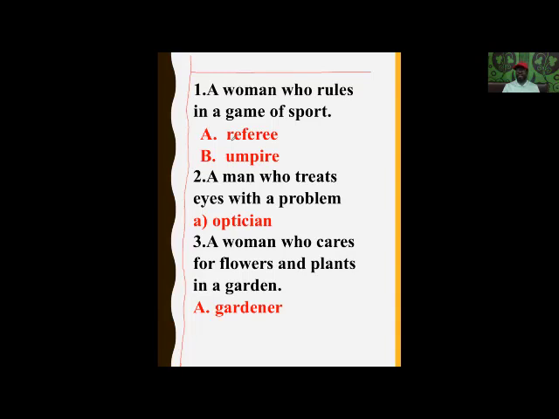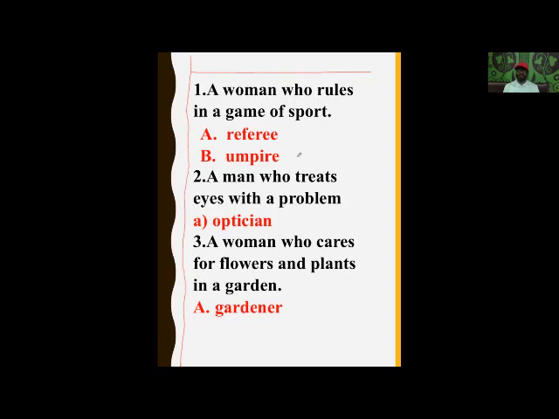This is letter U, but when we are reading the word it is umpire. U is not a consonant sound, it is a vowel sound. So the article is an. So in your book, write the full answer. A, she's called a referee. B, she's called an umpire. That is the example.